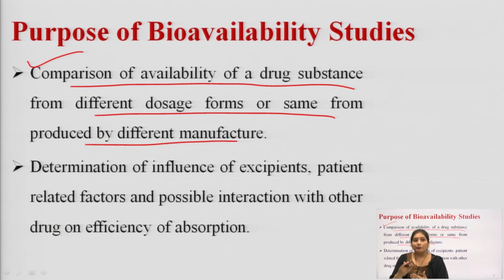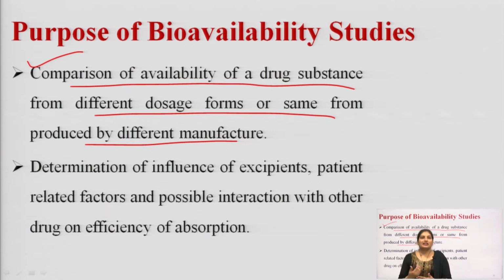When we want to compare the availability or absorption of drug substances from different dosage forms, or we can say we are comparing the bioavailability of a particular drug from the tablet dosage form as well as from the parenteral dosage form, then there is a need of bioavailability study. Or we want to compare the same dosage form produced by different manufacturers, okay, then there is also a need of bioavailability study. Okay.